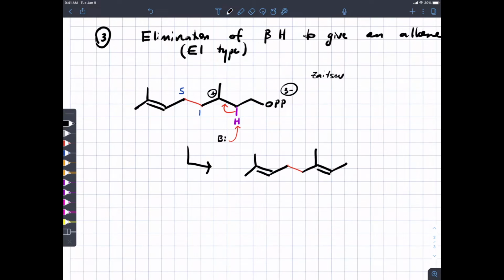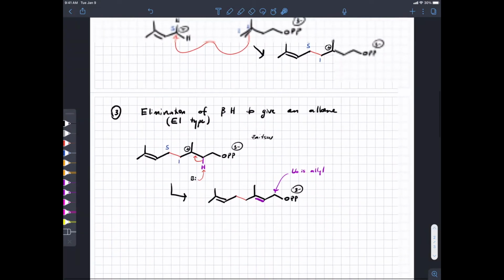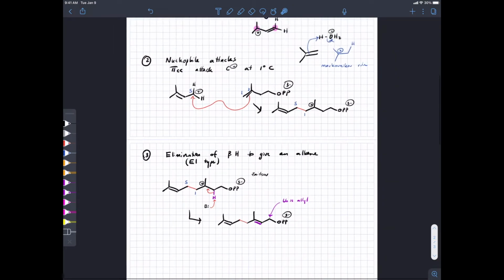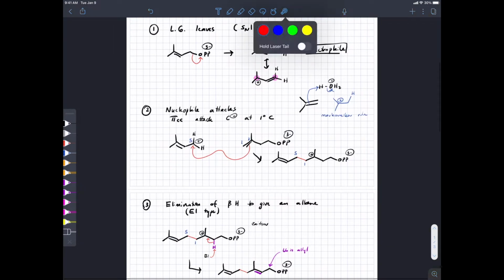So just thinking in terms of chemical strategy, once we make the double bond there by eliminating the purple proton, that leaving group is allyl, and this is now poised to start right back up at the top with the leaving group leaving again.